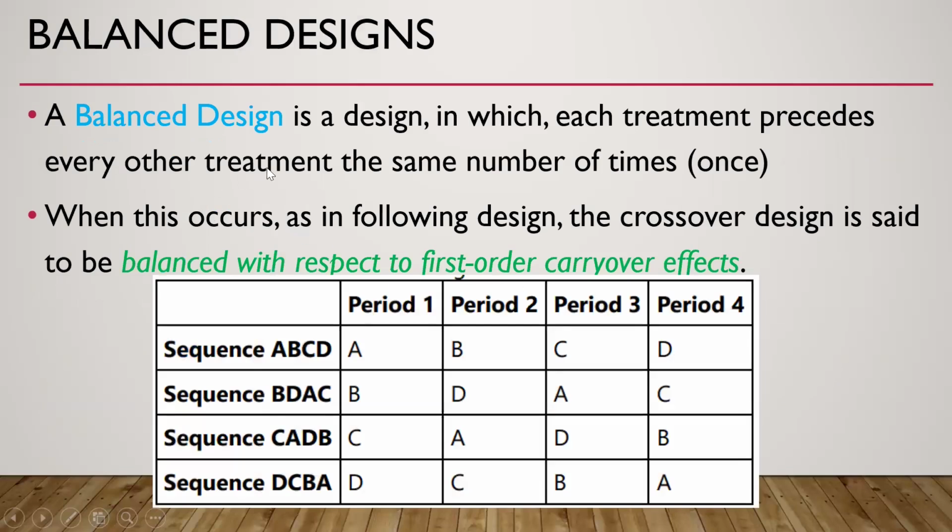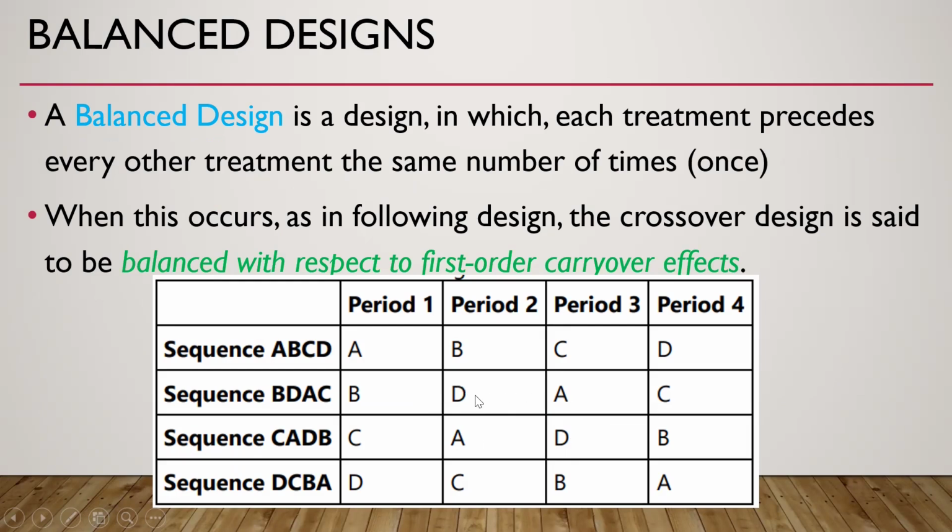A balanced design is a design in which each treatment precedes every other treatment the same number of times, that is once. When this occurs, as in the following design, the crossover design is said to be balanced with respect to first order carryover effect because here B is preceded by A, B is preceded by D, and B is preceded by C. So B is preceded by all other three treatments.